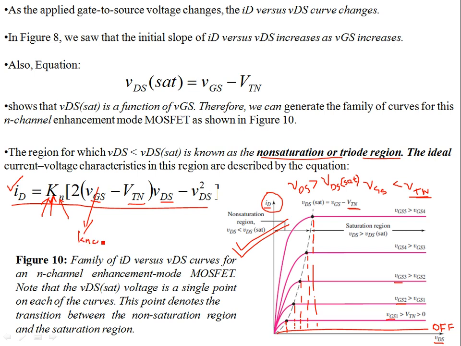For the given VGS, you select that curve, and then for the given VDS, just find what ID is if you are in the saturation region. If you are in a non-saturation region like this, then you can find the drain current, which will be lower than what you can have in saturation.